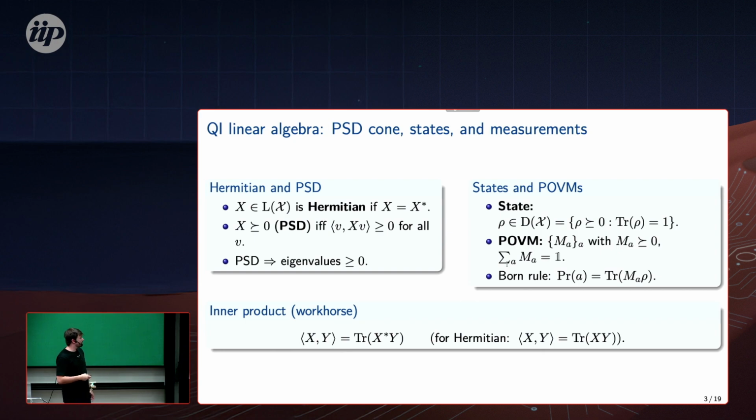All right, so let me now tell you what an SDP is. But before that, I'll just set some notation. Hopefully, the objects I'm going to introduce now are not foreign to you, but let me know if they are. I should also let you know that I've mostly based myself on some lecture notes by John Watrous. They are linked in the lecture notes. I think his lecture notes are great, and he has lots of very nice work in this area.